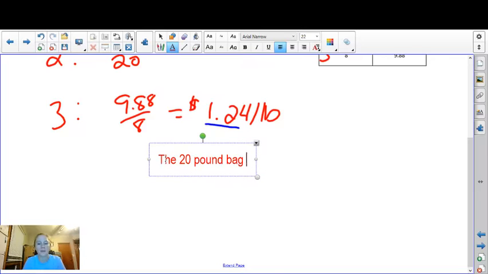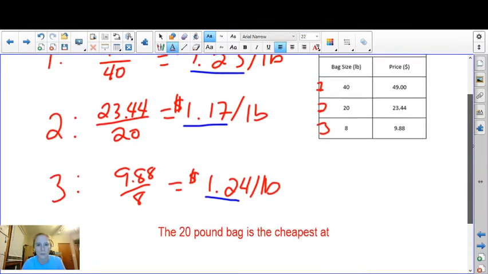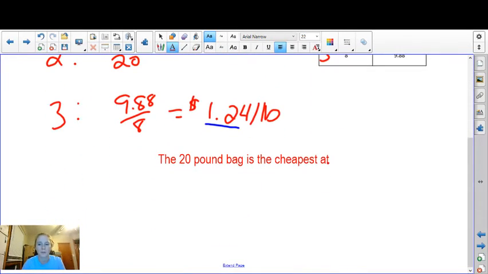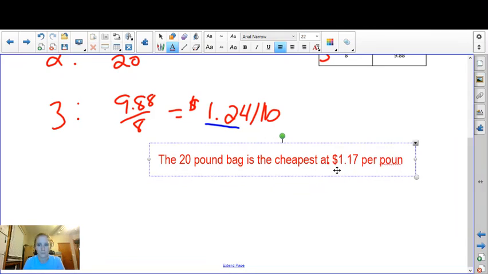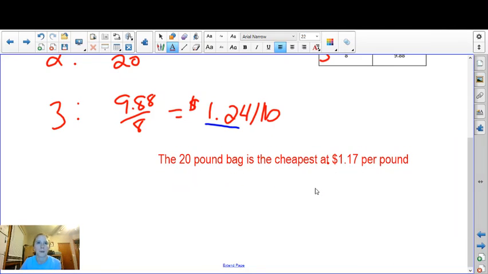The 20-pound bag is the cheapest at, what did I say the price was? $1.17 per pound. Bam.